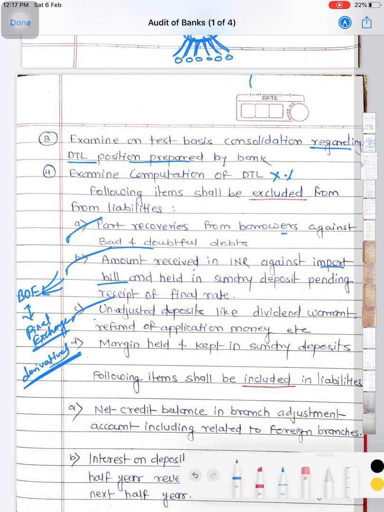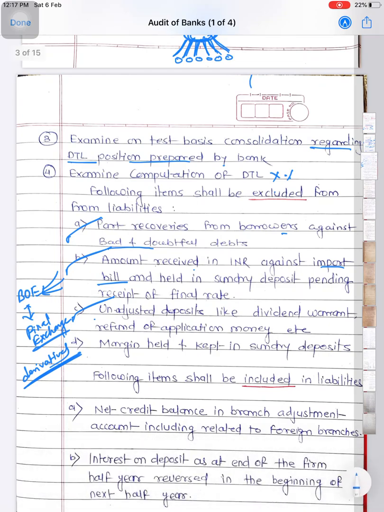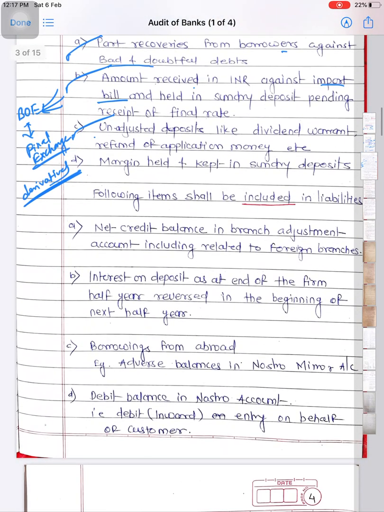Then comes up next, which points are to be included, meaning which items of your balance sheet or financials are to be included for computing the time and demand liabilities.